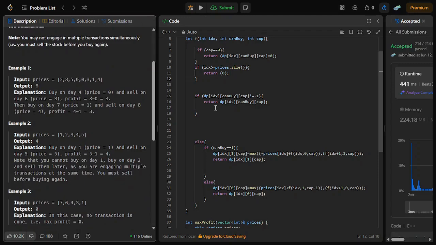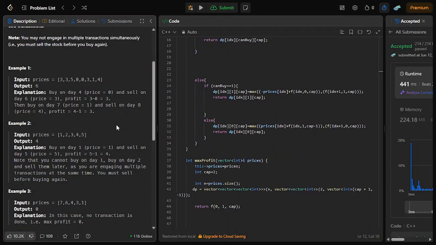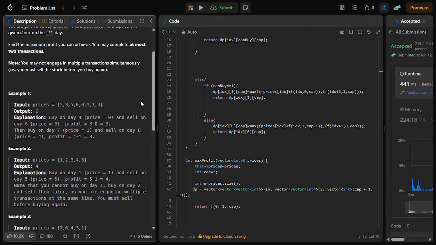Okay. So what I said earlier, what is the objective of the problem? We have to check what is the maximum profit we can achieve after all of these days, provided that we make a maximum of 2 transactions.